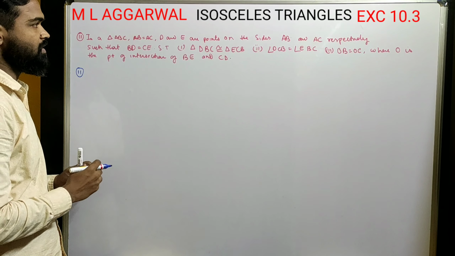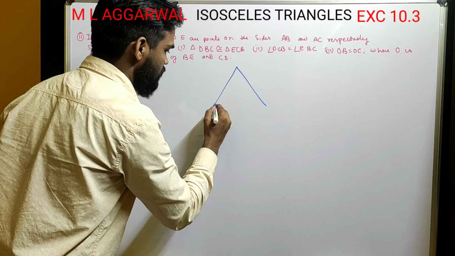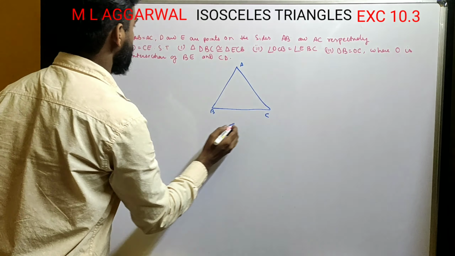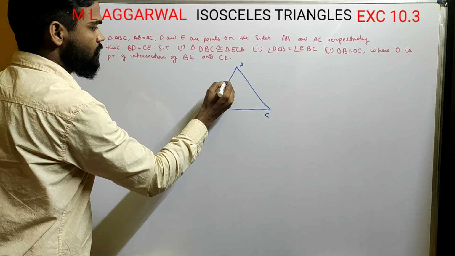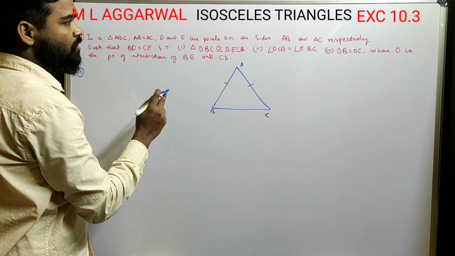In a triangle ABC, draw a triangle ABC, so name it ABC. AB equals AC, it's already given to us. D and E are points on the sides AB and AC respectively.